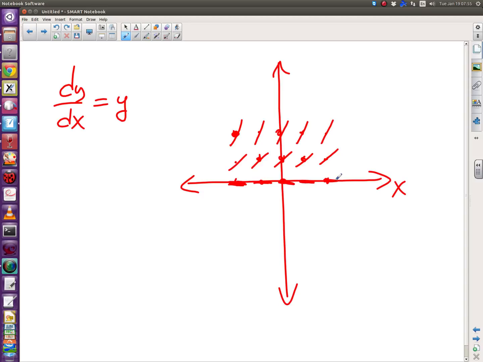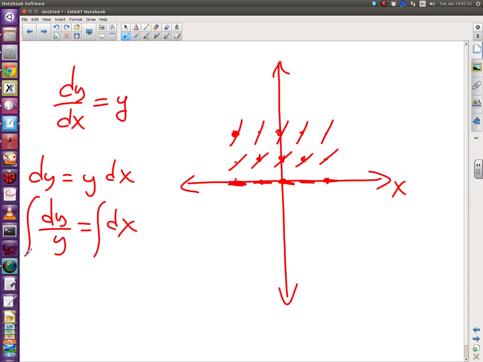So separate. What do you do? dy equals y dx. Is that integrable? No, because the y and the dx you can't integrate. So divide by y. Put the y's with the dy's and x's with the dx's, then integrate. And you get 1 over y dy. What is the antiderivative? ln of y.